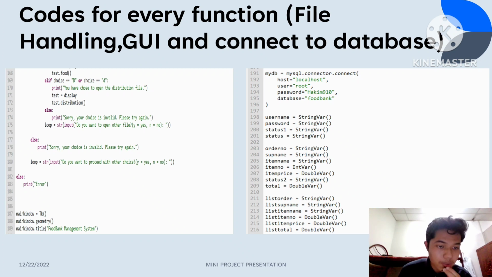The window name that we create is main window. Then geometry is for the message text box, and the name for the window is Food Bank Management System. Then we connect to the database by declaring mydb equal to mysql.connector.connect.